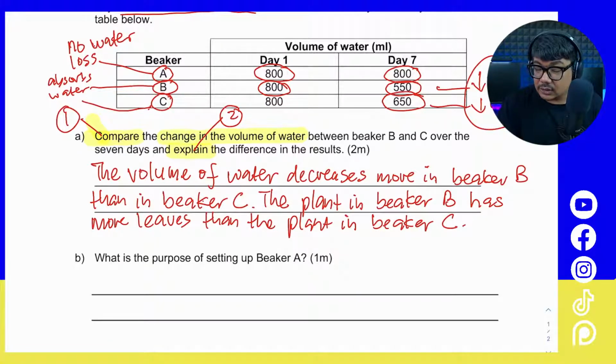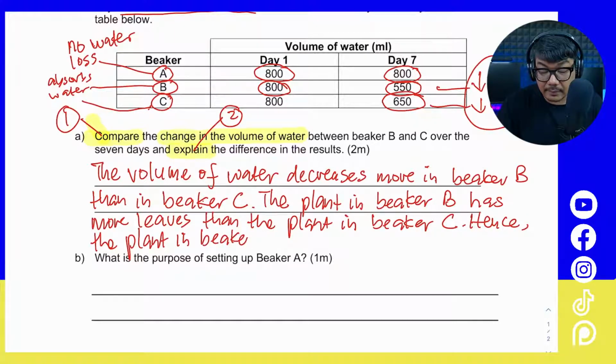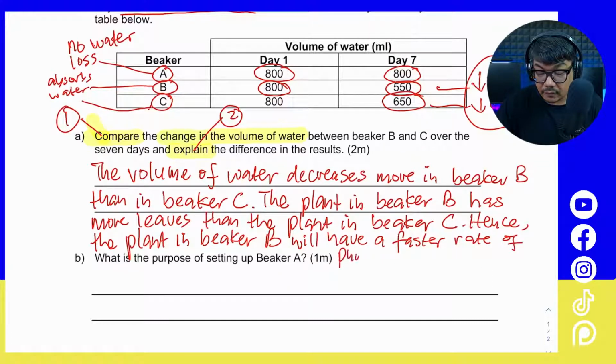All right, so hence, the plant in beaker B will have a faster rate of photosynthesis and absorbs more water.